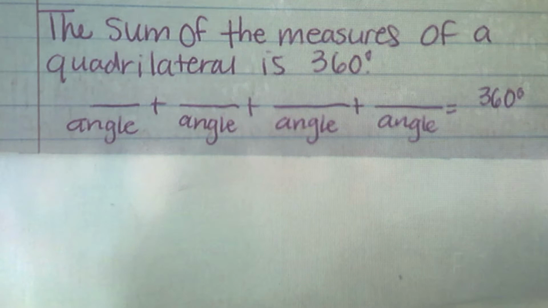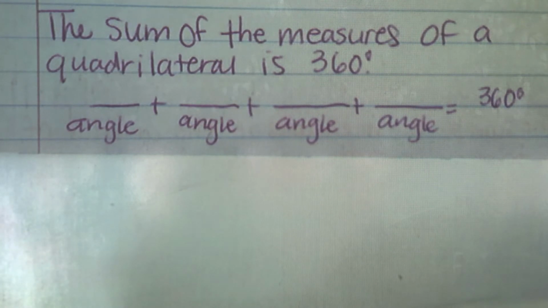Since there are 4 angles, you're going to have 4 angles that you're adding. They're going to equal 360 degrees.